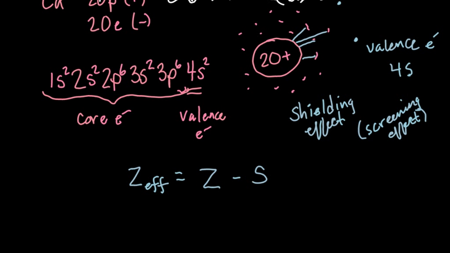So in this case, the number of total protons in calcium is 20, and 18 of them are going to be screening or shielding because there are 18 core electrons. And so very easily we can calculate that our Z effective charge for calcium is going to be +2. Now in reality it's not going to be this simple though, because there are actual differences within the subshells, and I'm going to post a quick follow-up to this video explaining a little bit more about that.